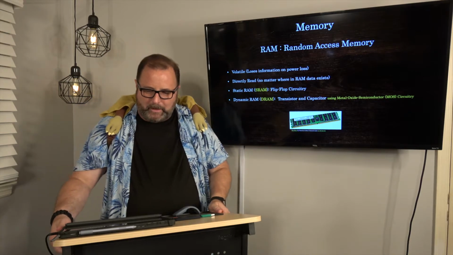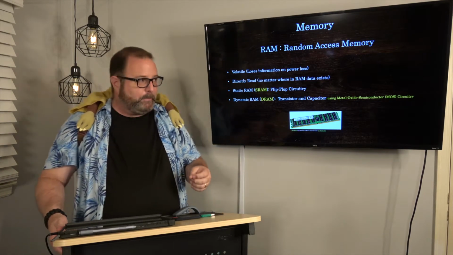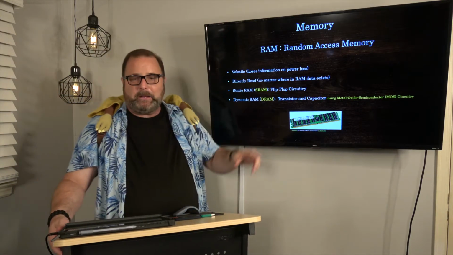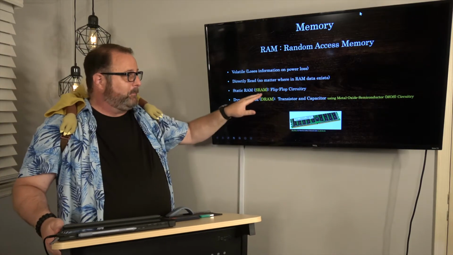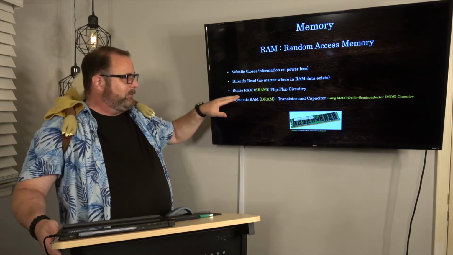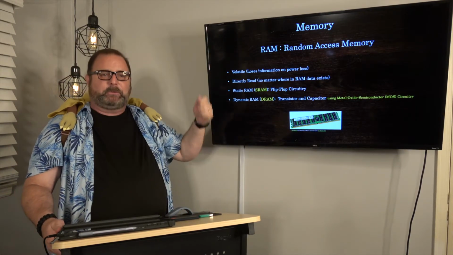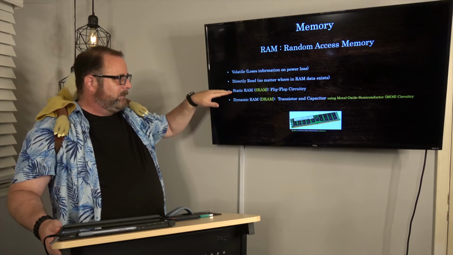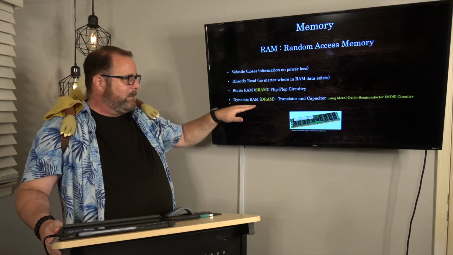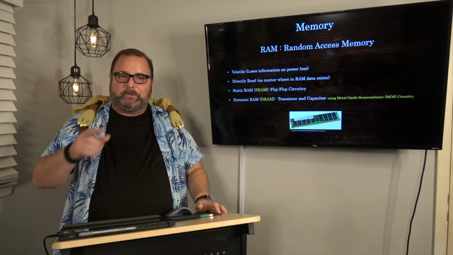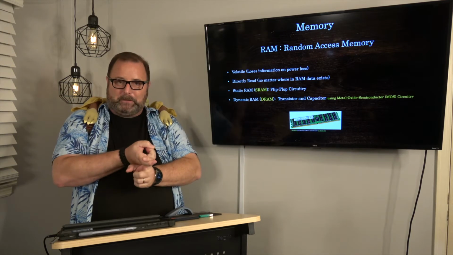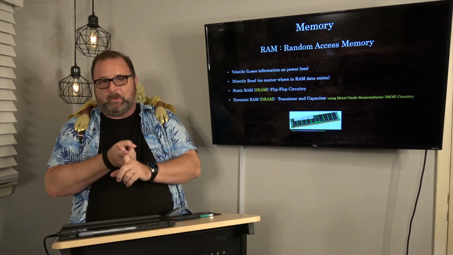Okay, RAM used to be called SRAM or static RAM, and that used what was called flip-flop circuitry. Now we're not going to get into the physics of flip-flops. But basically, this was switches on, switches off, switches on, switches off type memory, okay? The newer RAM is called dynamic RAM or DRAM, and it uses a single transistor and a capacitor for each bit to represent whether it's a 1 or a 0.